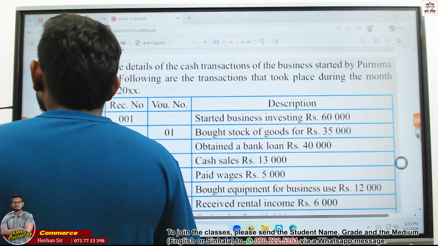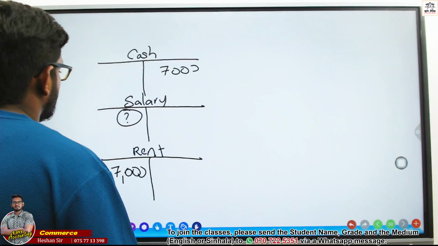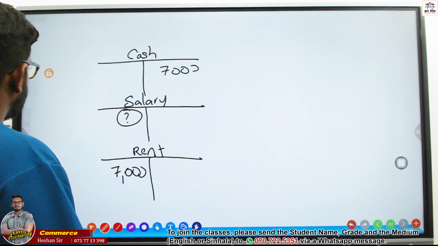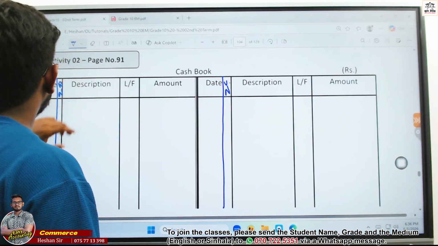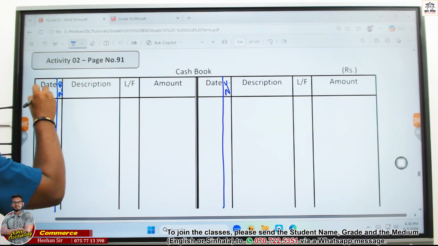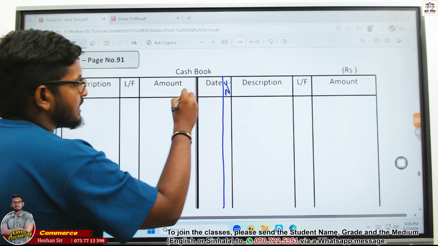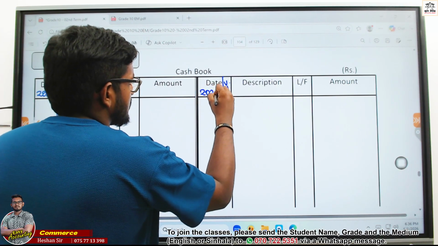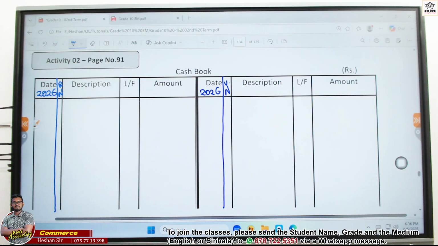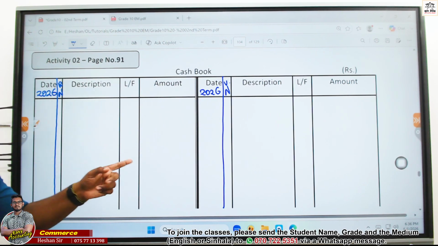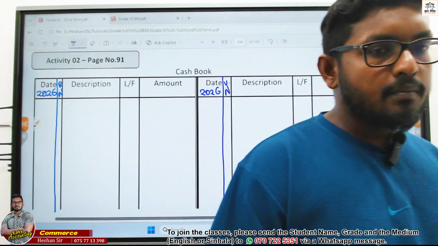I told you just to follow a few things. What are the secrets here? Make sure to go to the date column and write the year. Then we don't need to repeat the year again. Faster. Under the date column, write the year and put the receipt number and voucher number.